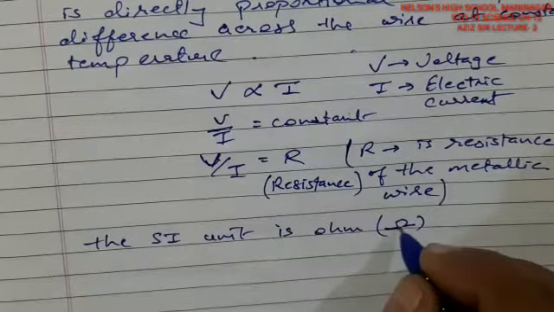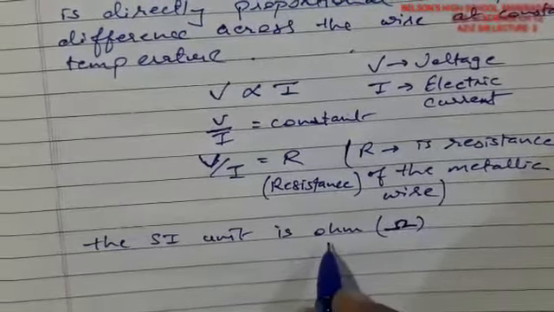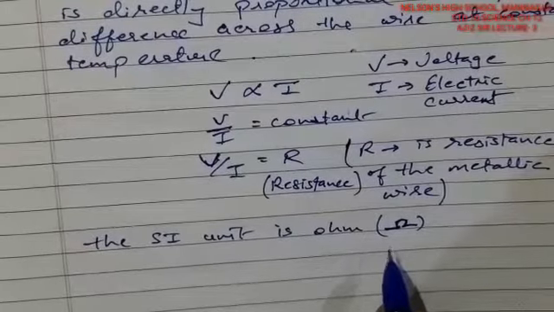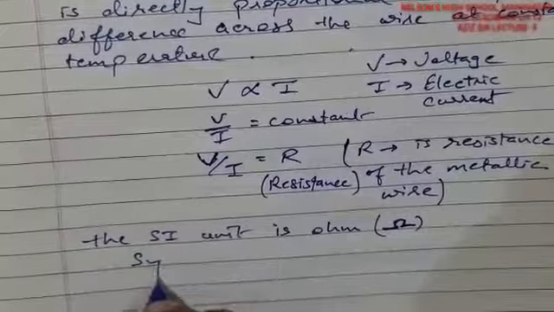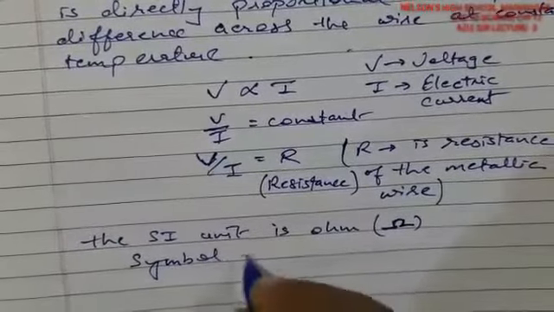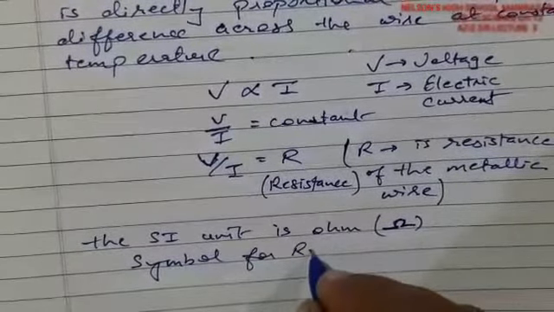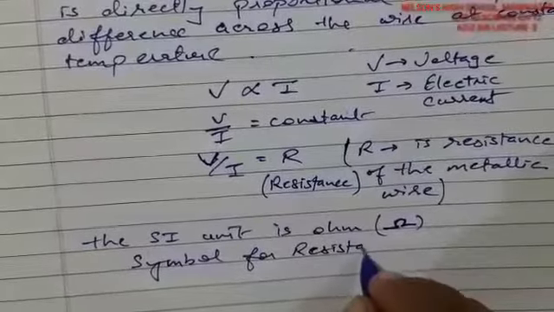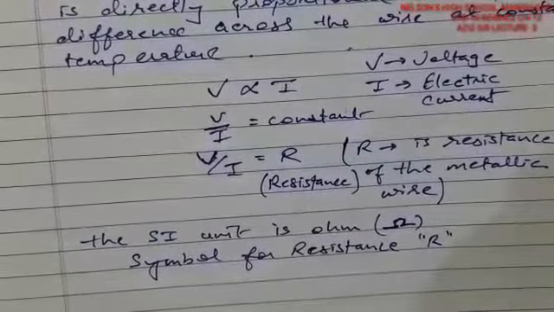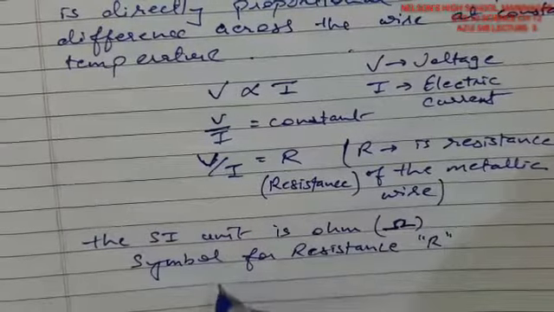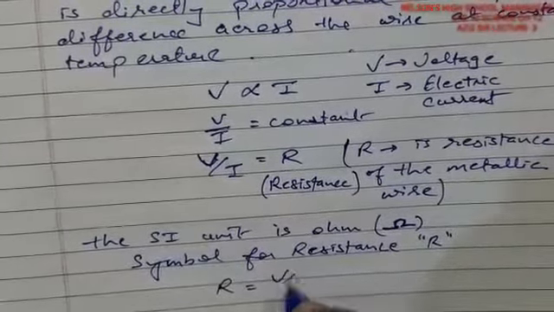This symbol is known as omega, but this is known as ohms. The symbol for resistance is R. Fine, so R is nothing but equal to V upon I.